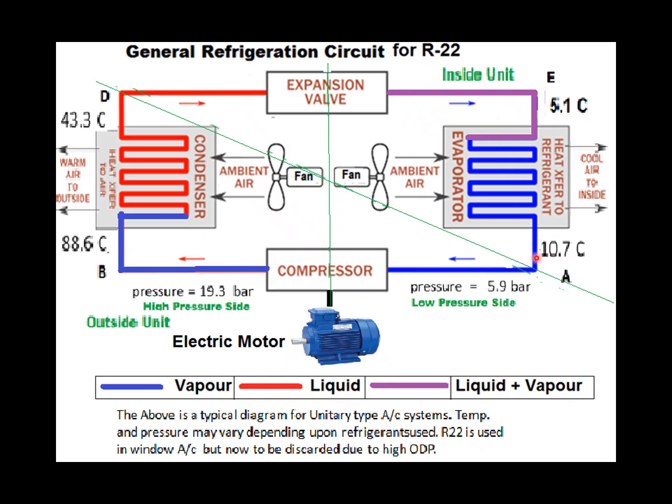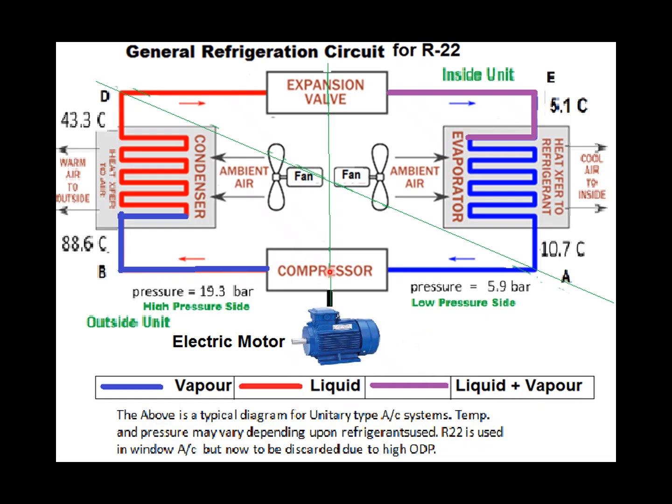In this portion, for this particular refrigerant, the pressure is 5.9 bar. That means approximately 5 to 6 times atmospheric pressure. Now the compressor increases this pressure from 5.9 to 19.3 bar for this refrigerant R22. This is happening due to addition of power by the electric motor, and that power is taken as 1 here.